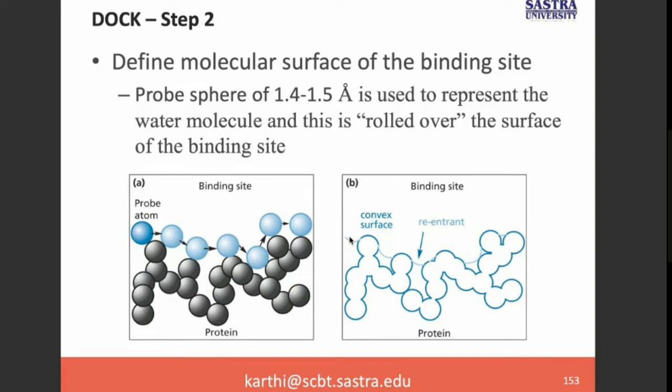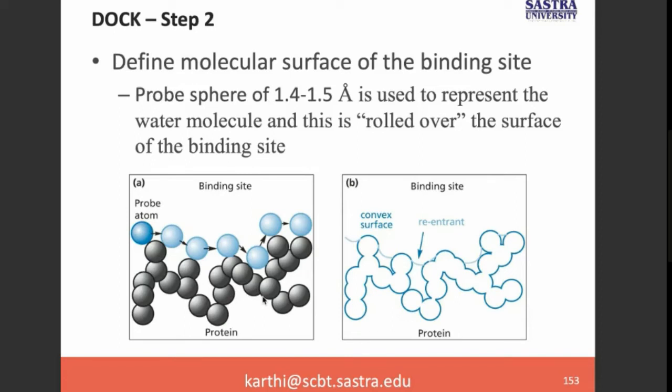There are different algorithms available for finding the binding site. One simple algorithm, very frequently used by many researchers, uses the solvent accessible area calculation. So here, this part is the same thing I showed in my previous slide: the van der Waals radius of each atom lining the binding site.